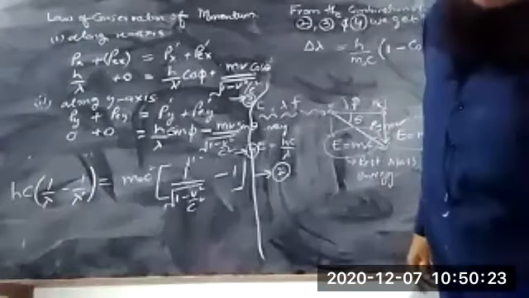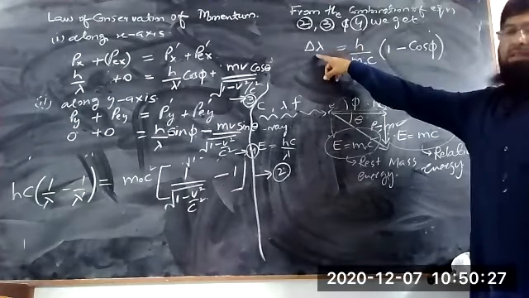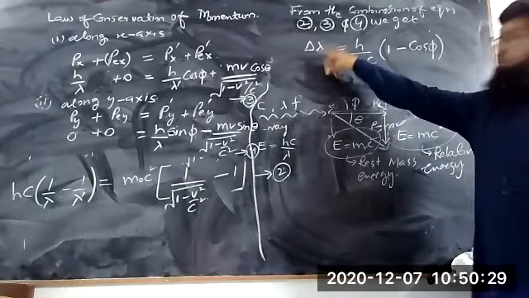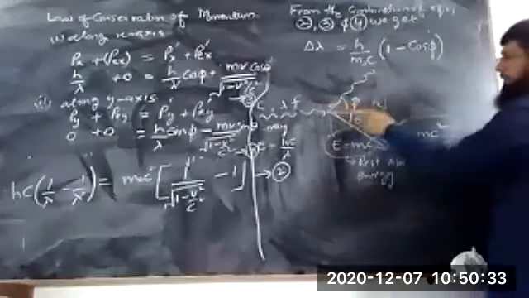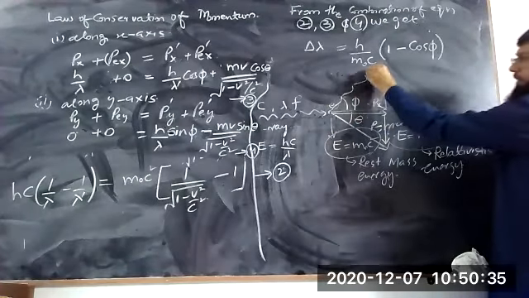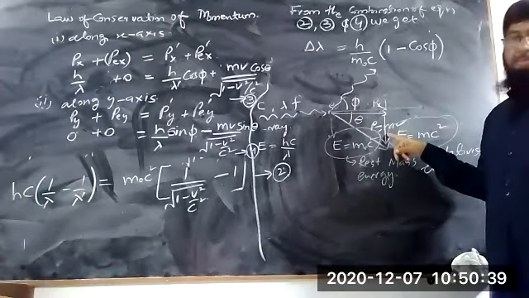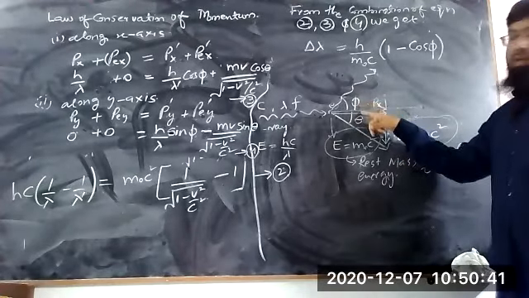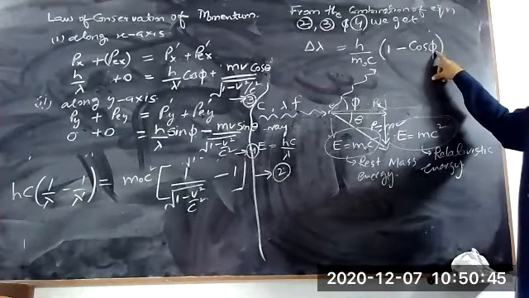This indicates that the change in wavelength of the photon, as we have seen, is actually the energy transformation to the electron. It means the change in wavelength depends upon the angle of scattering of the photon.